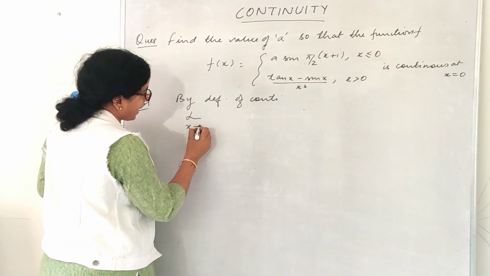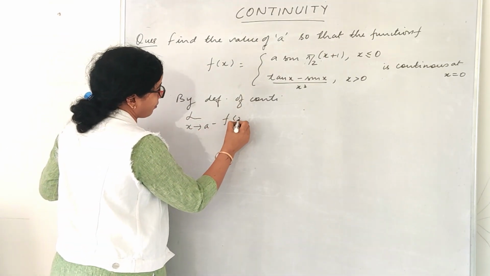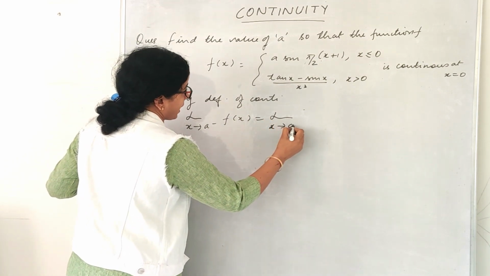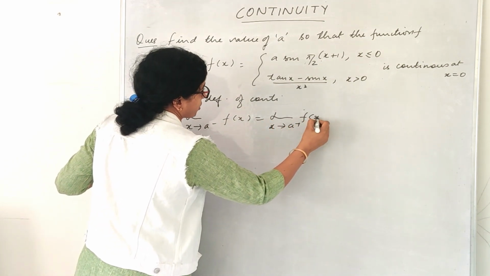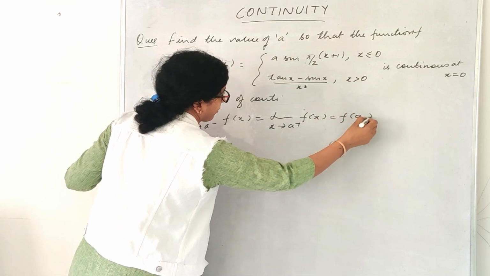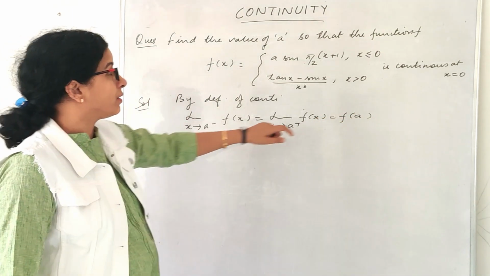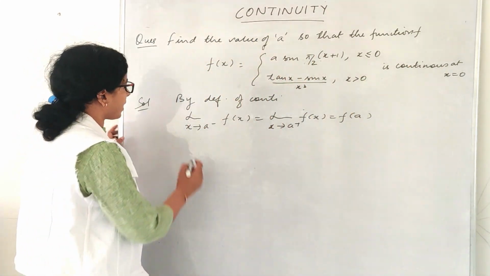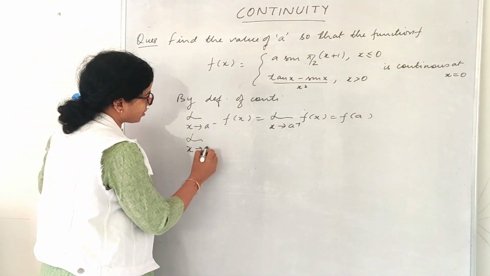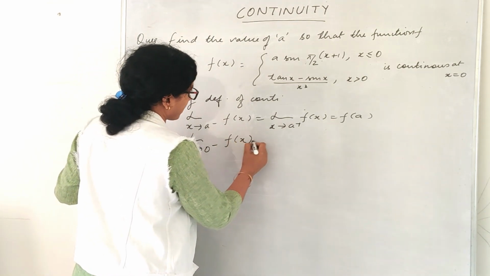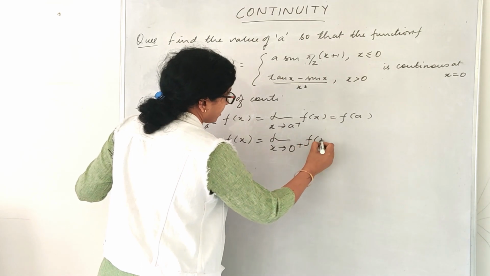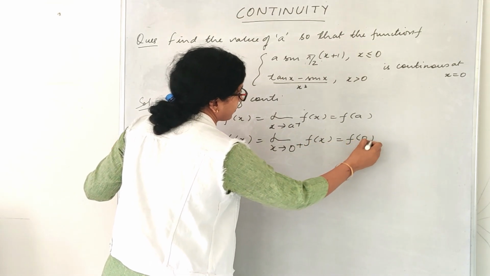Limit x tends to a negative f(x) equals limit x tends to a positive f(x) should be equal to f(a). Here that point is nothing but 0, right? So I can write limit x tends to 0 negative f(x) should be equal to limit x tends to 0 positive f(x) should be equal to f(0).